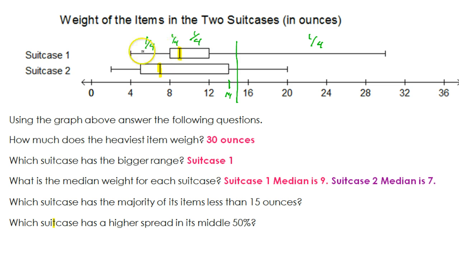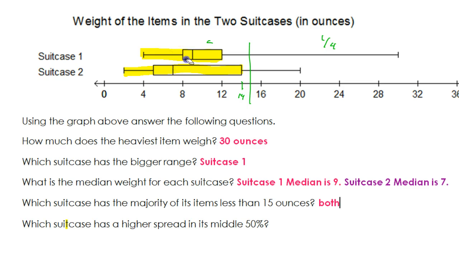In both cases, both suitcases, at least 75% of the data is less than 15 ounces, because this is 3 parts of the graph, so that's 75% of the items. 3/4 of the items are represented by this part of the graph. Same here, this is 3/4 of the items. So the majority of the items in both cases are below 15.